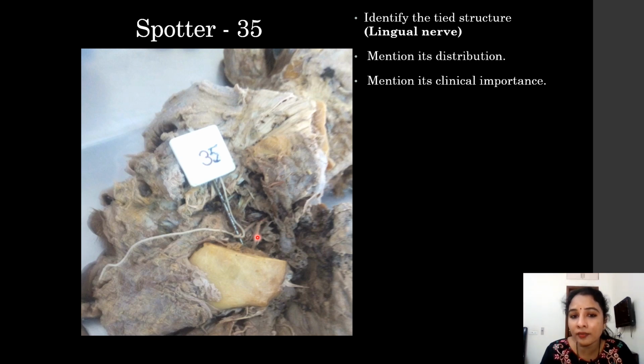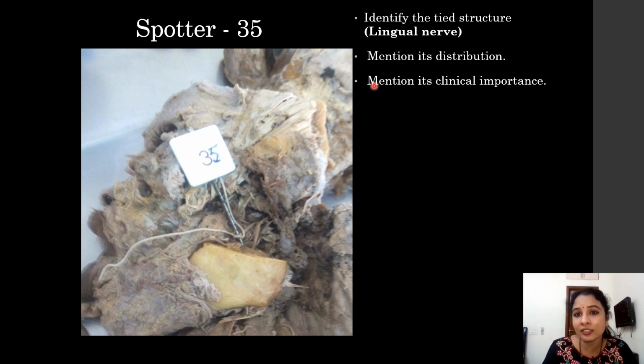The other nerve goes into the body of the mandible, not into the tongue. Instead it goes into the bone. It enters the mandible. That is the inferior alveolar nerve. Once it enters the mandible, it forms the dental plexus. Talking about the lingual nerve, it is anterior to the inferior alveolar nerve, and it enters the substance of the tongue.